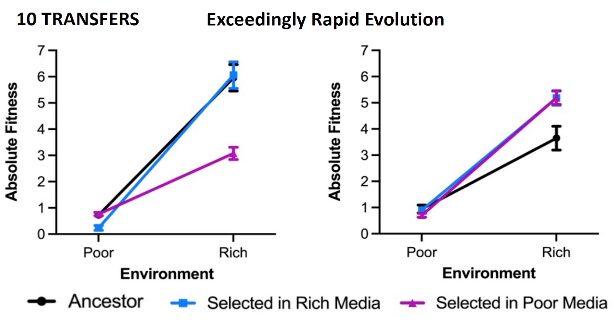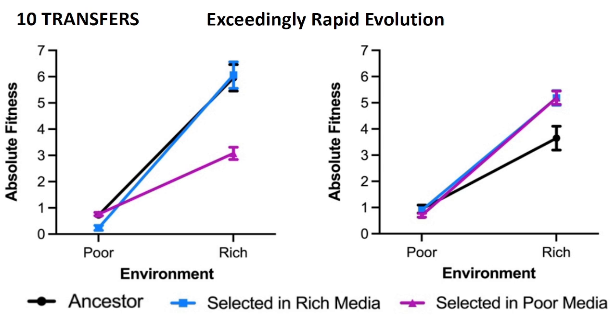In the poor environment, the ones selected in rich media don't do quite as well as the ancestor, and they do just about the same, whereas the one grown in the rich environment, when grown in the poor media, is, strangely enough, doing a little better than the one selected in rich.